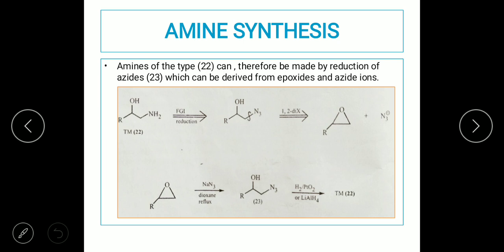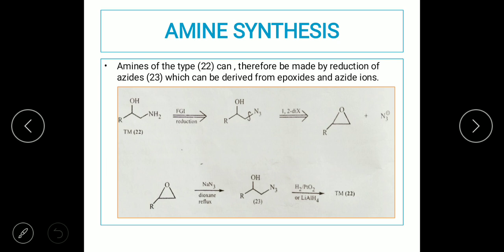Now on reduction with hydrogen and palladium, only the N3, that is the azide group, is going to get reduced. Once it gets reduced with lithium aluminum hydride or the hydrogen palladium catalyst, we get the target molecule, which is nothing but the amine.